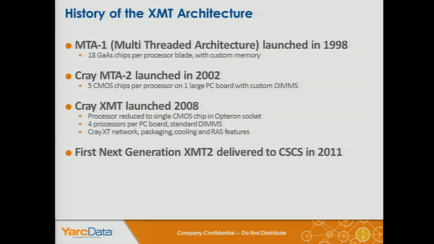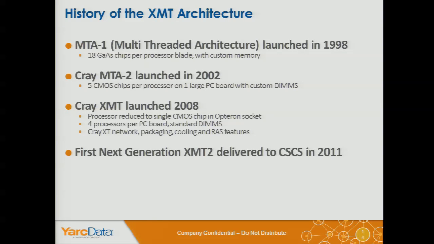MTA-2 was launched in 2002, reduced the number of chips and moved to CMOS technology. We sold several large MTA2s, but it was a very expensive board to manufacture because of relatively low density. The original XMT was launched in 2008, and it's reduced to a single chip that fits in an Opteron socket, and worked on the Cray XT3 technology, making use of all of their packaging, cooling, and RAS.